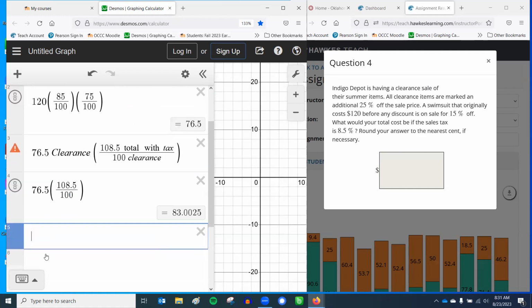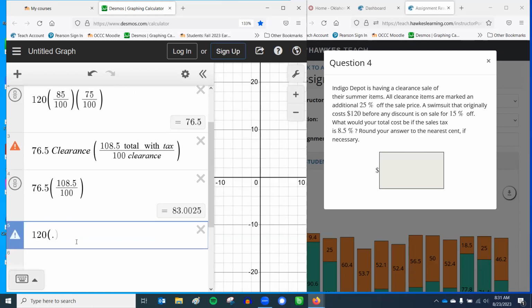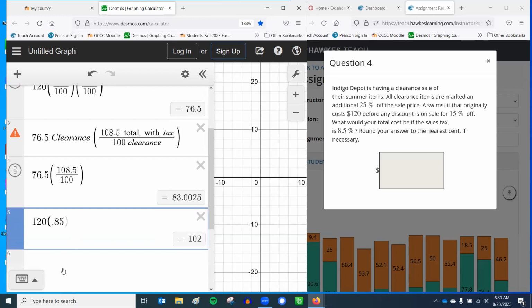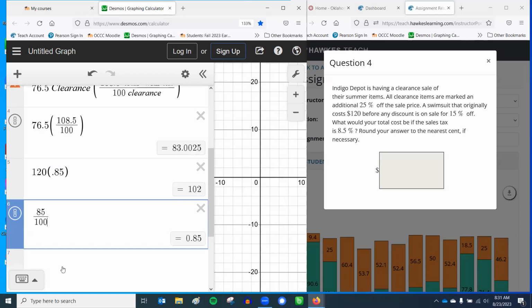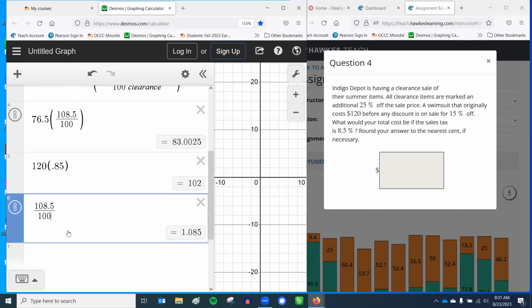Right? Now, with a little practice, you're just going to learn how to string all these together with the decimals, because 85 over 100 is just that. 75 over 100 is just that. 108.5 over 100 is just that. Right?